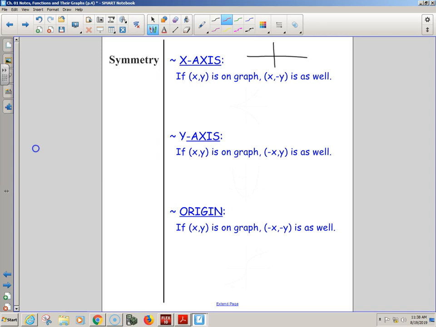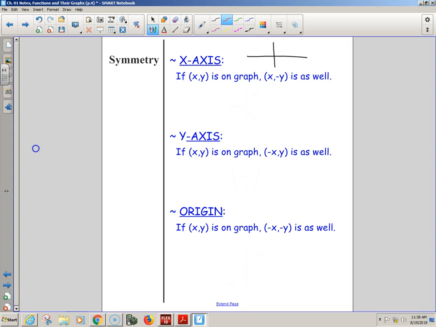Can you answer this? What's a problem? The problem I had to remedy, besides us not talking about functions: why did I have to change the vocab to be an equation instead of a function to show you x-axis symmetry?